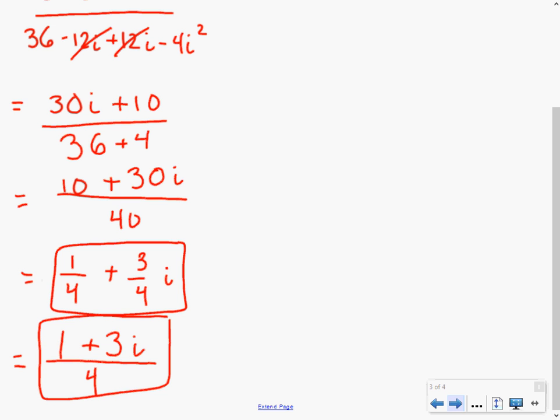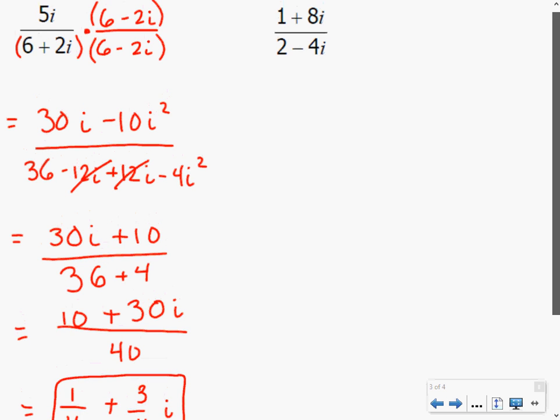So let's look at one more example here. Another example where we have a complex number in the denominator. So we need to multiply by the complex conjugate, which is 2 plus 4i. And we need to do the same thing to the numerator. So again, we have a lot of multiplying to do.